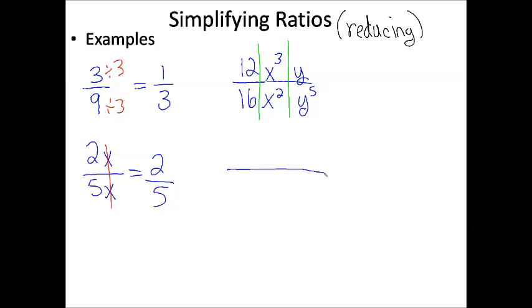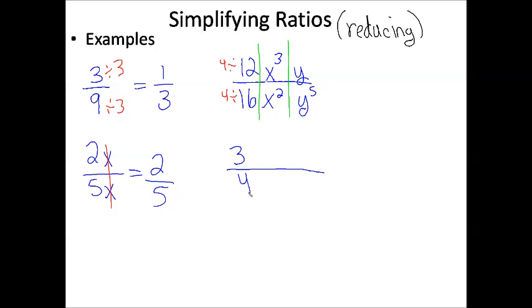12 and 16 both divide by anybody? Anybody? 4, yes. If you couldn't think of 4, you could always try 2 and then do 2 again. So I get 3 over 4.